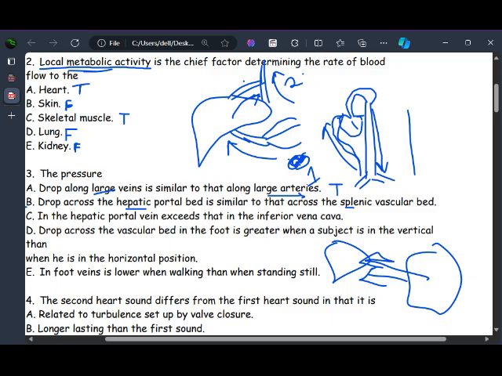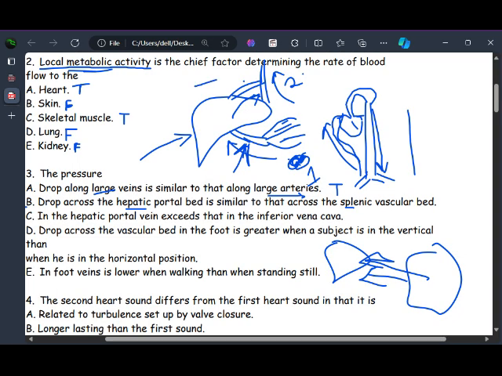All right. So option C says that the pressure in the hepatic portal vein exceeds that in the inferior vena cava. If you check, the hepatic portal vein is the one that is here. So we have the splenic capillaries here, somewhere in the intestine. Then here you have the hepatic portal vein that is now taking the blood to the liver.